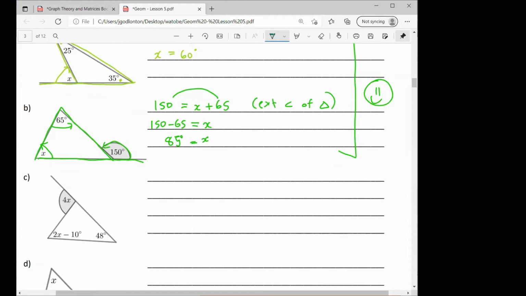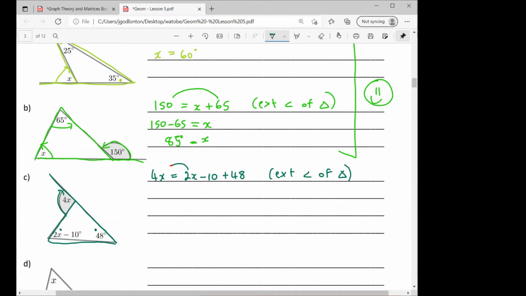Okay, here we have our triangle again. Nice and wazy. That's our exterior angle, and we're going to add our two opposite interior angles. So we're going to say 4x is equal to 2x minus 10 plus 48. And our reason is exterior angle of a triangle.